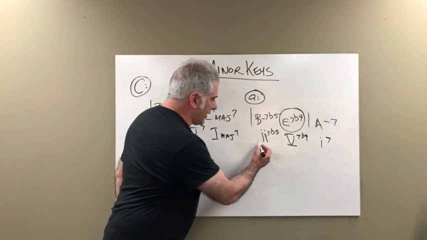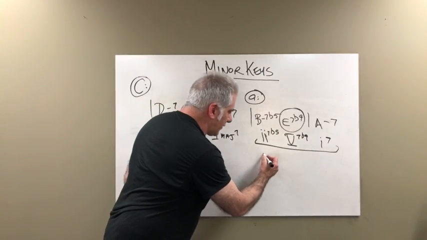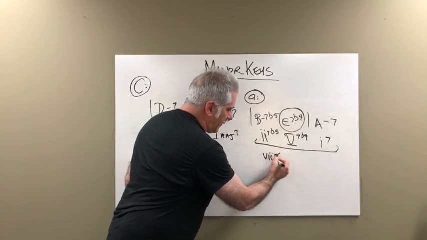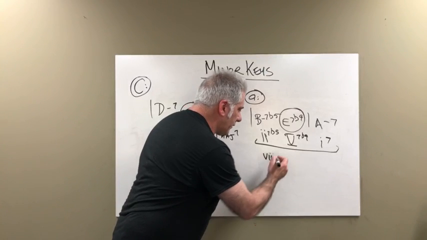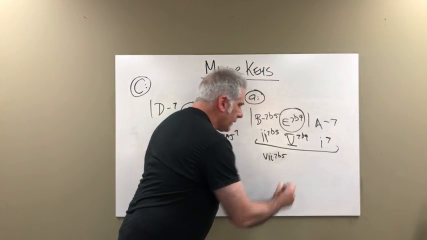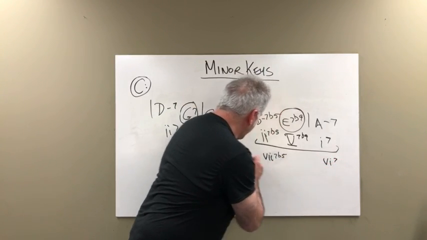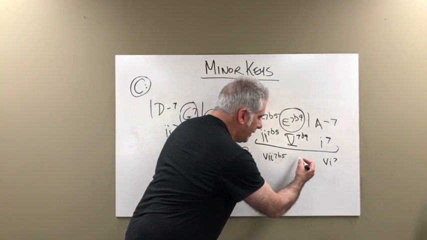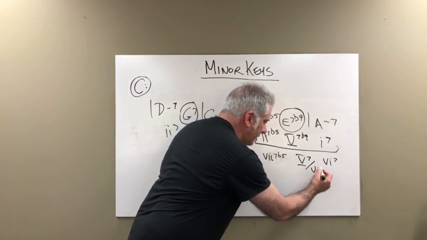So you could say, this could also function, like I said, as a 7 half diminished, that would be minor 7 flat 5. This could be the 6th chord. If you're in the key of C major, then this chord would actually be a 5-7 of 6.